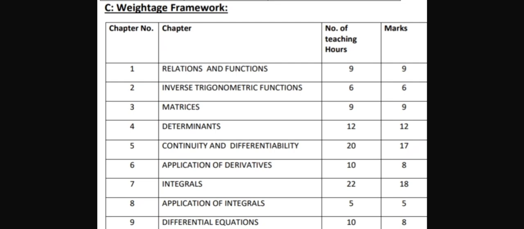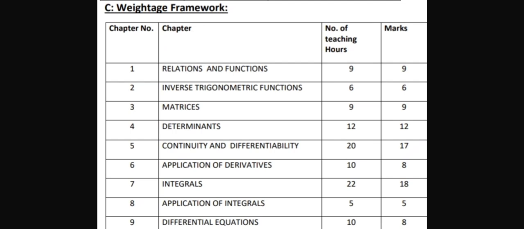Then matrices, the chapter weightage will be 9 marks. The fourth chapter is determinants. The determinants chapter has a weightage of 12 marks.